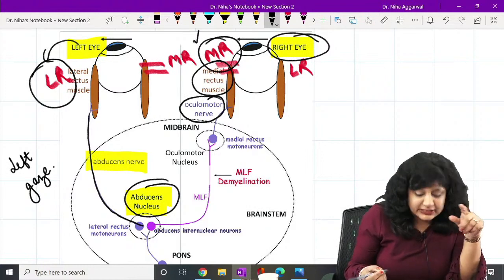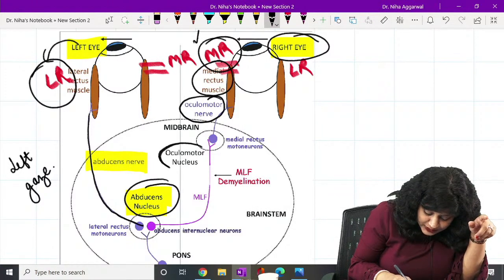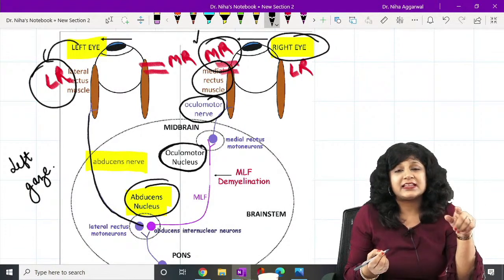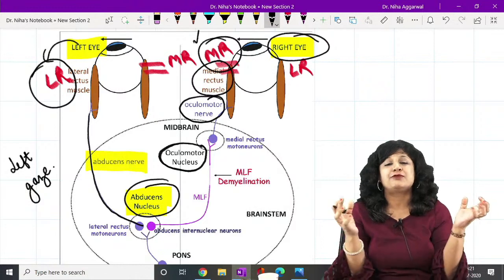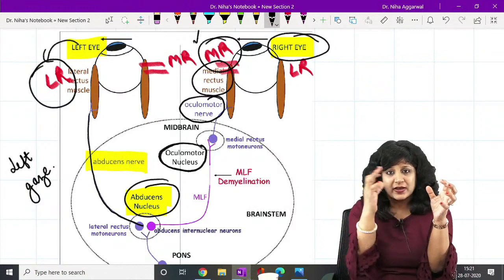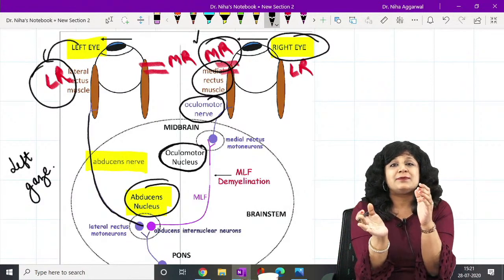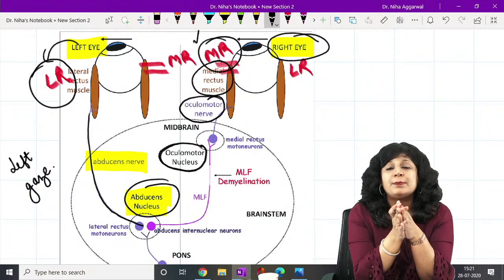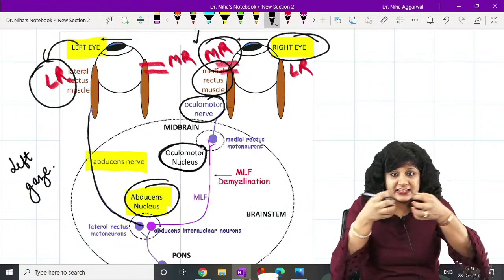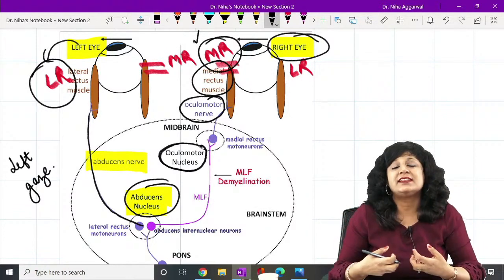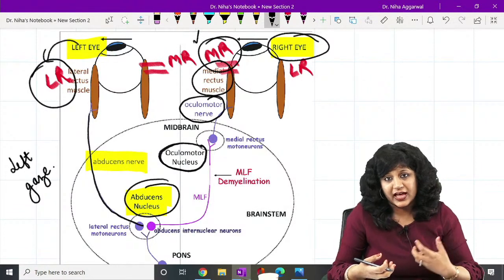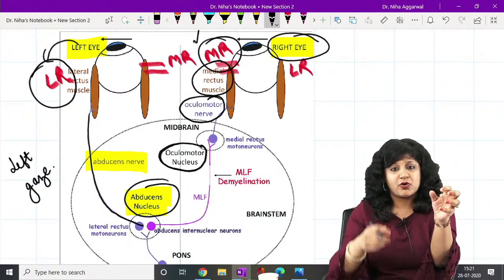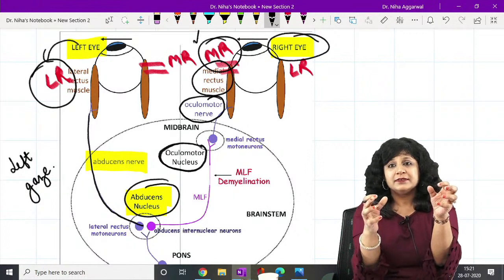The oculomotor nerve goes into the oculomotor nucleus, and this oculomotor nucleus and the abducent nucleus have to be connected. One nucleus here, one nucleus here. So this becomes internuclear. That is why the ophthalmoplegia that takes place in these connecting fibers is called internuclear ophthalmoplegia.